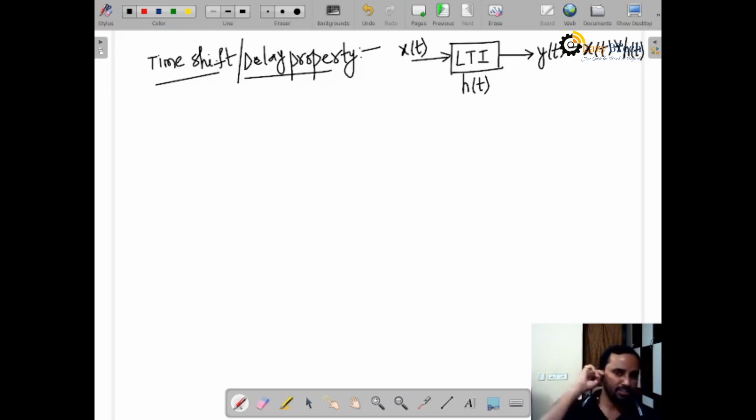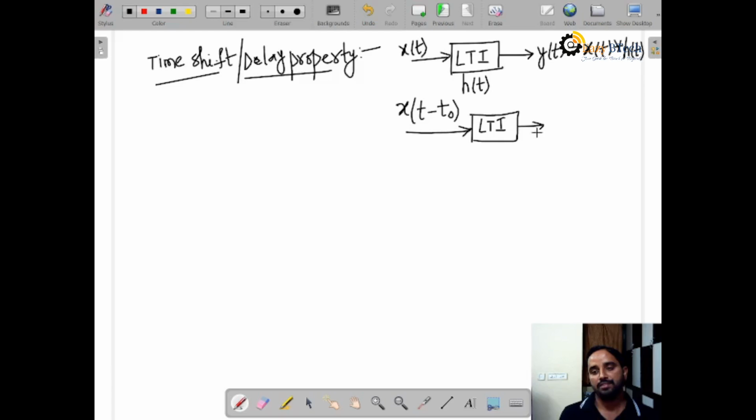Now the delay property means: if the input is, for example, x of t minus t naught, time delayed or shifted, then what is the output in this case? The same LTI system, with impulse response h of t. So what will the output be now? That is the time shift property. Your output is delayed by the same amount: y of t minus t naught.